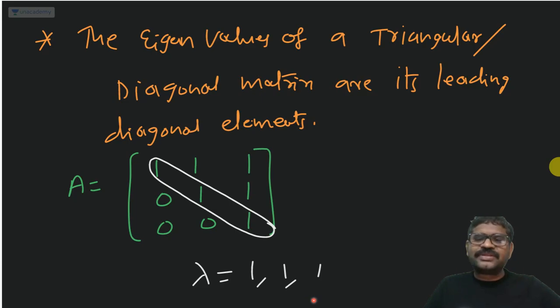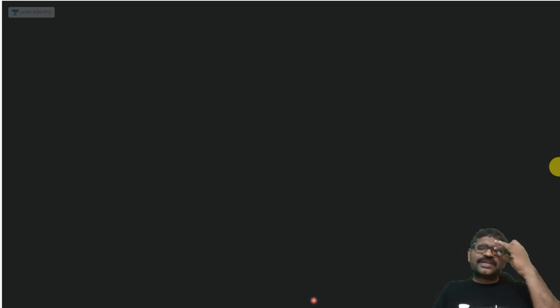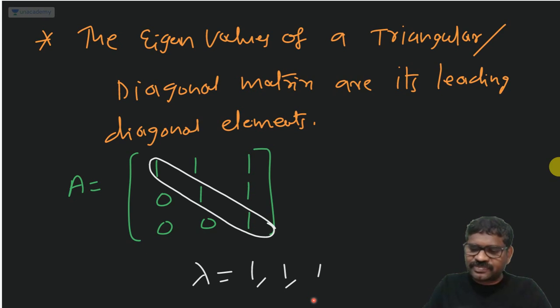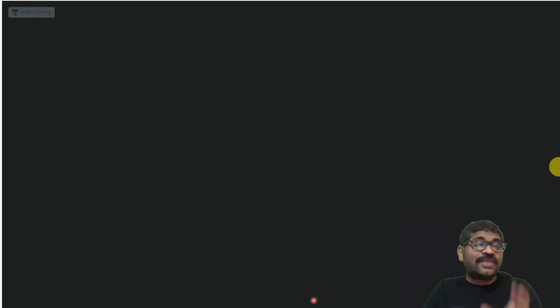Here, some students come up with innovative ideas. I would like to explain one common error about this property. Observe. Sir, matrix is triangular, so eigenvalues are its leading diagonal elements. Suppose they have given a 4 cross 4 matrix.